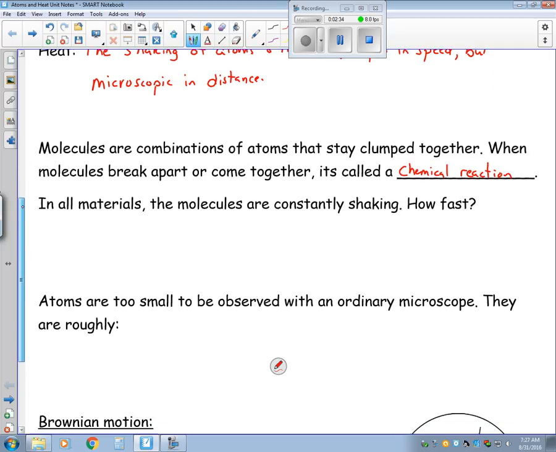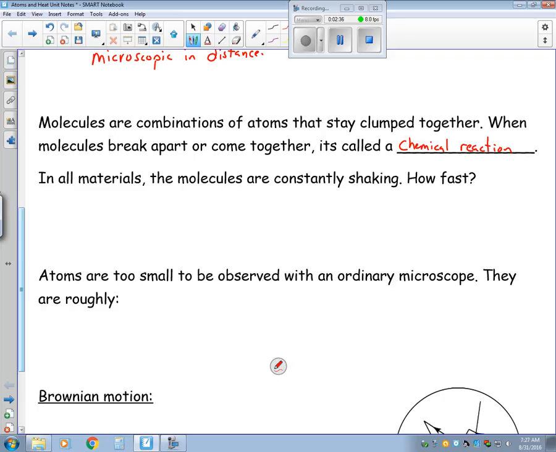So, in all materials, the molecules are constantly shaking. But how fast? And this is where it's kind of a coincidence almost. It's about the same as the speed of sound.